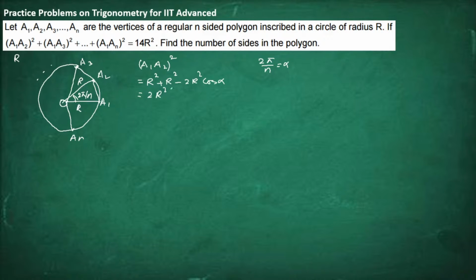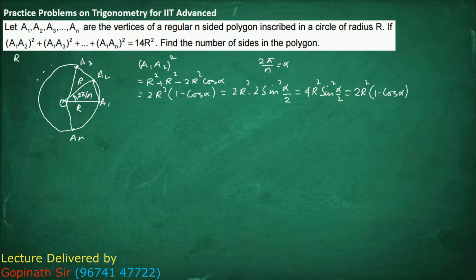If I take 2R square common, it will be 1 minus cos alpha. So this becomes 2 sine square alpha by 2, which gives 4R square sine square alpha by 2. Either you can write it in this way or keep it in the previous form, like 2R square into 1 minus cos alpha.